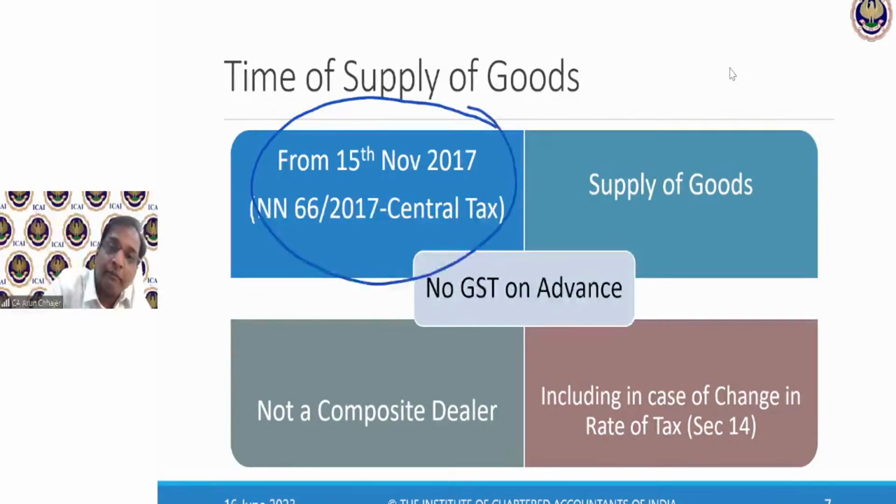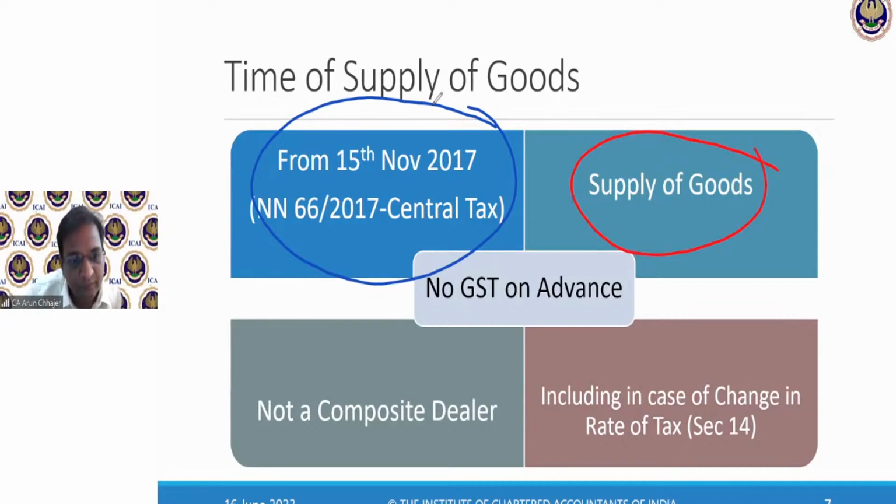From 15th November 2017, if you are making the supply of goods and you are registered as a regular dealer, not the composition dealer, then in that case, no GST on advance for supply of goods under forward charge.